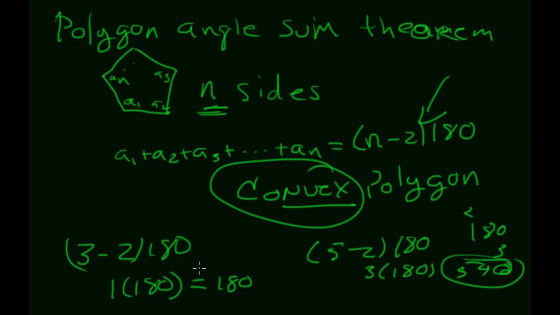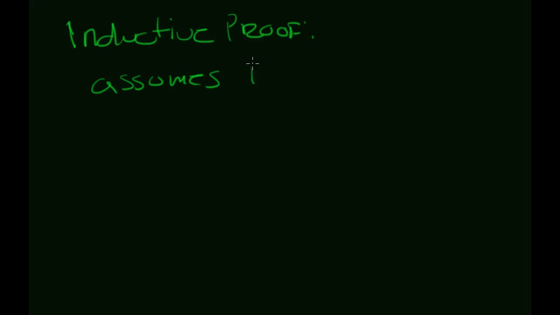Now, proving this is a bit of an interesting reality. So the proof here uses something called an inductive proof. An inductive proof assumes that this works when n is equal to k.